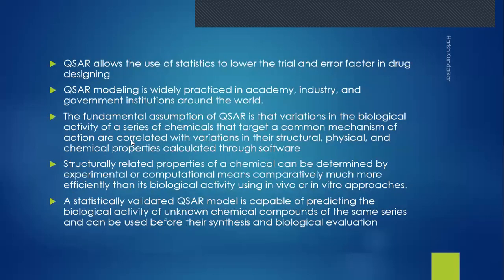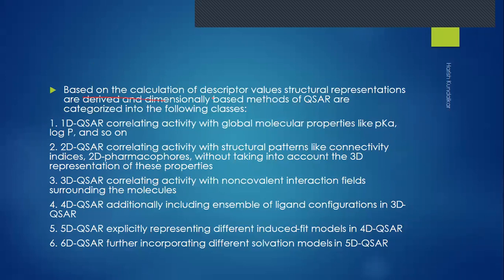Okay, so based on the calculations of descriptor values, structural representations are derived, and dimensionally based methods of QSAR are categorized into the following classes. So as I was saying, there are different classes of QSAR, of which 3D QSAR is the most widely used, right? But there are other classes as well.